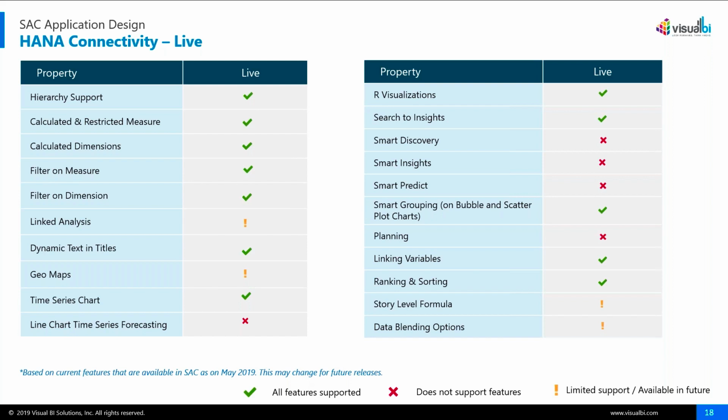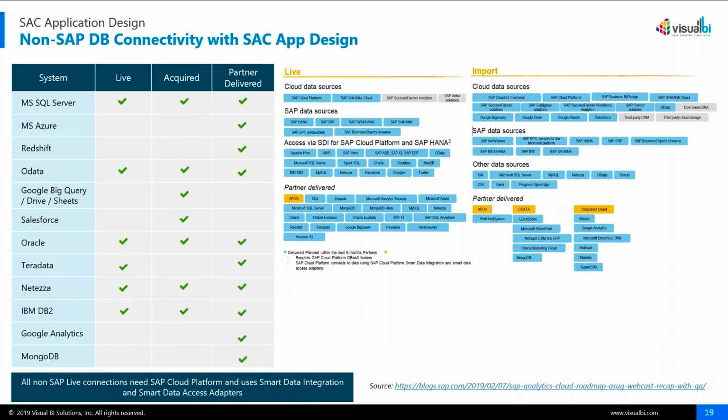Let me move into the non-SAP database connectivity with SAC App Design. Apart from the SAP systems, we also have a wide range of connectivity with non-SAP systems like Microsoft SQL Server, Microsoft Azure, Teradata, IBM's DB2, Google Analytics.